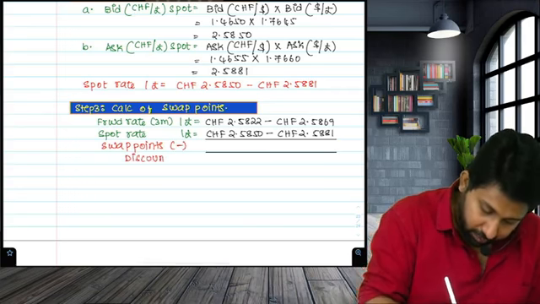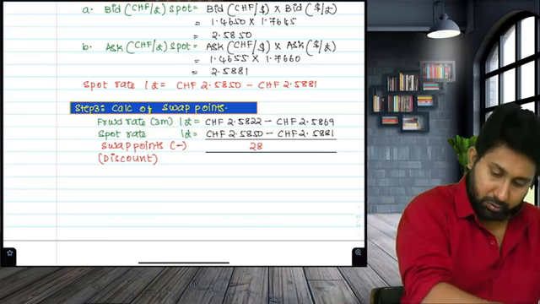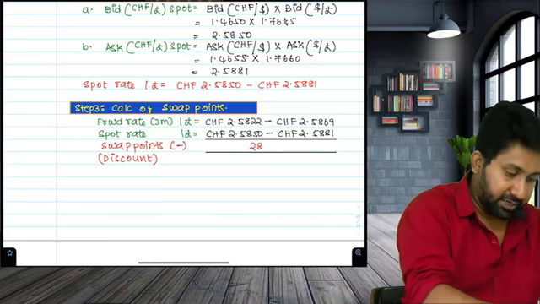Let us see how much it is. 2.5822 minus 2.5850, 28 points here. Next, 2.5869 minus 2.5881, 12 points here.